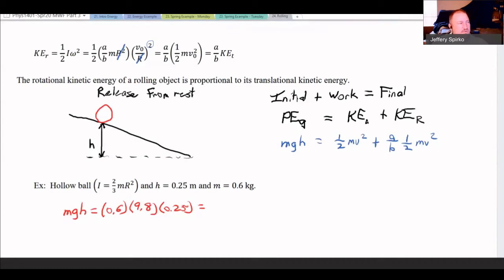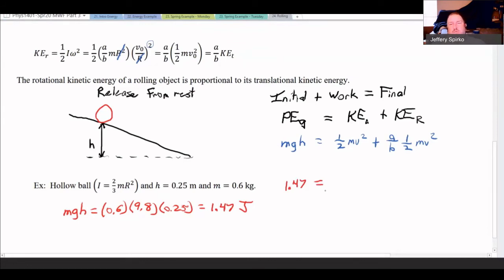Height is 0.25, and mgh is the mass times 9.8 times the 0.25, which is 1.47 joules. So that's what's going to go on the left-hand side. 1.47 equals.